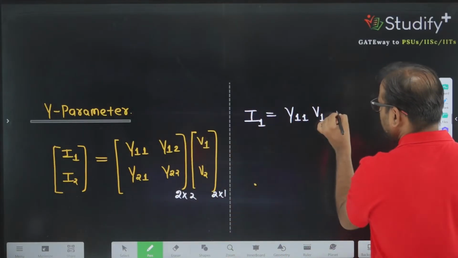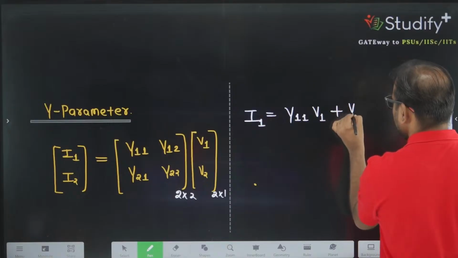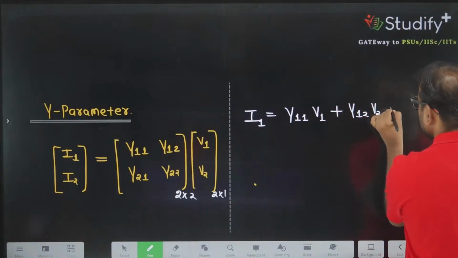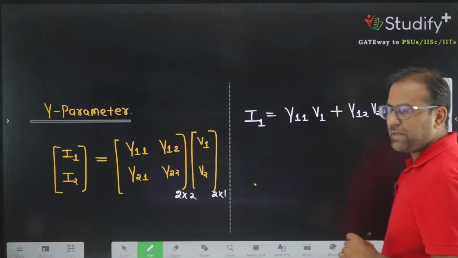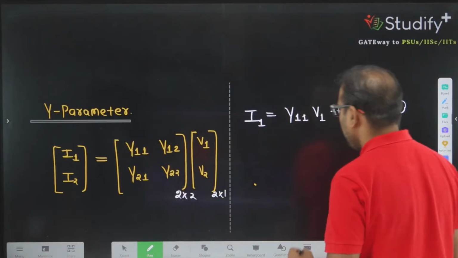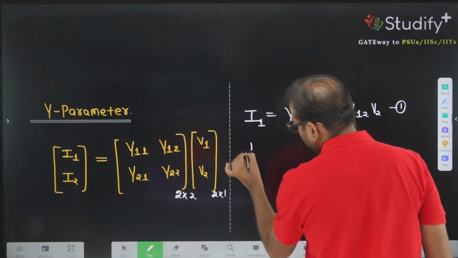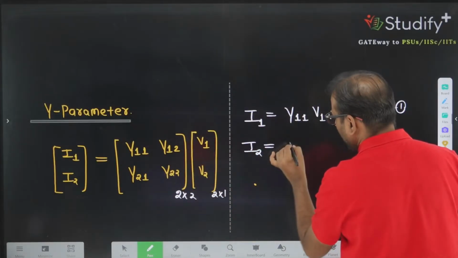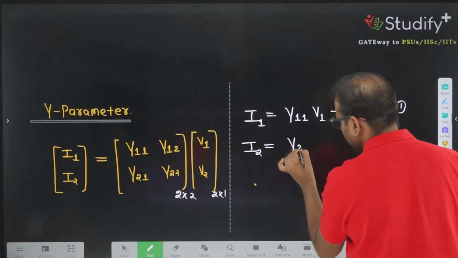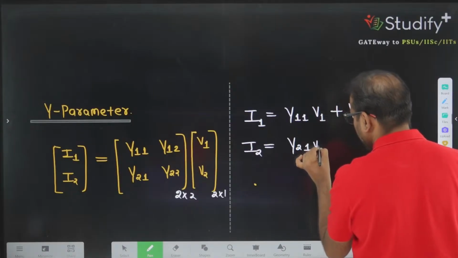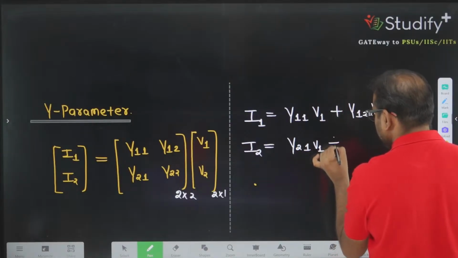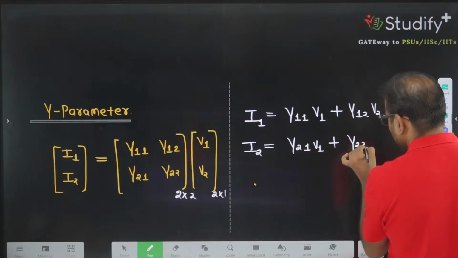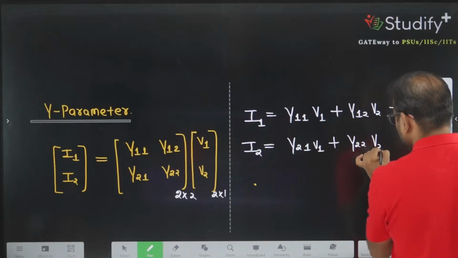Y11 into V1 plus Y12 into V2. This is equation number 1 we can obtain from this multiplication, and the value of I2 can be linear combination of equation. I2 is Y21 V1 plus Y22 V2.